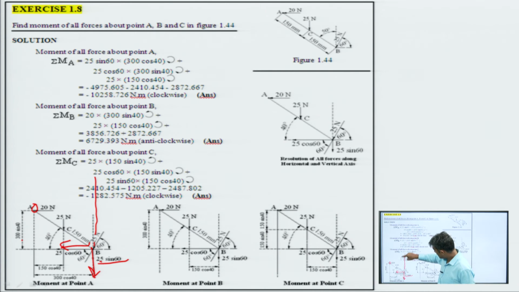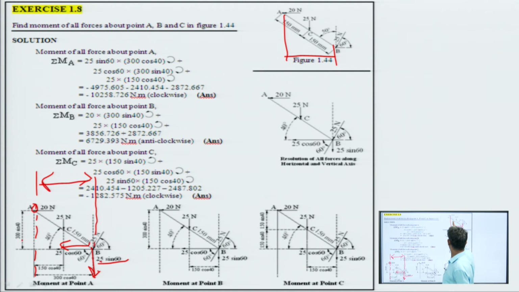Make a line, make a parallel line, and the perpendicular distance will be this. And what is this value?